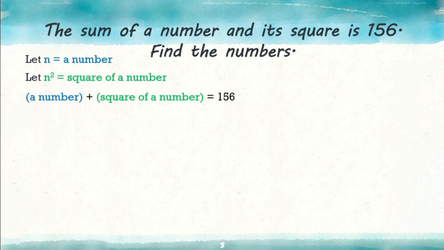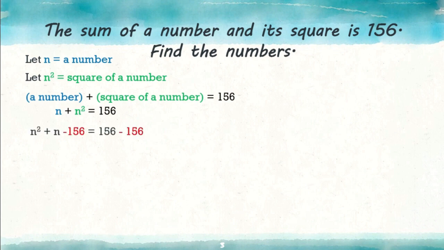Let's now substitute the values of each number to the formula we formed. That is n plus n squared equals 156. In our case, we have to use additive inverse again. The opposite of positive 156 is negative 156. So we will add negative 156 on both sides.